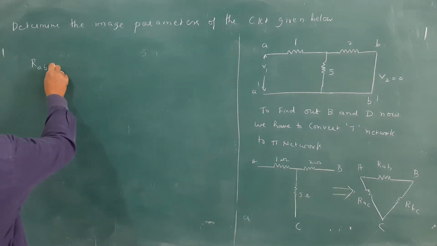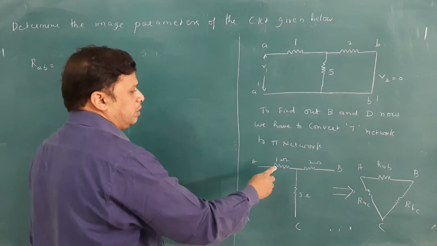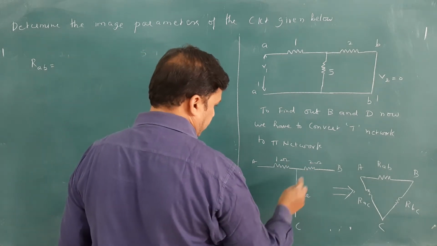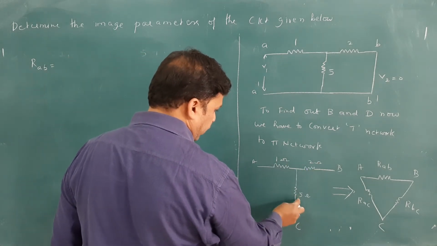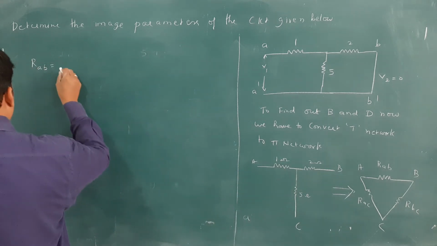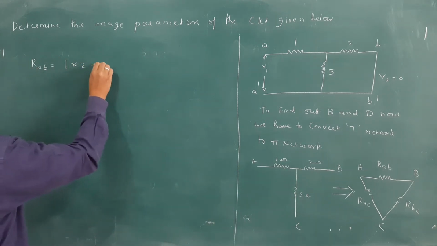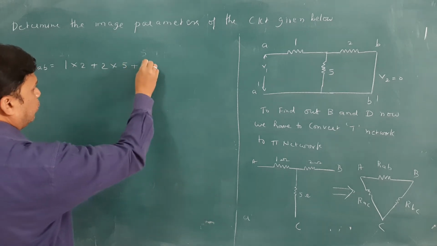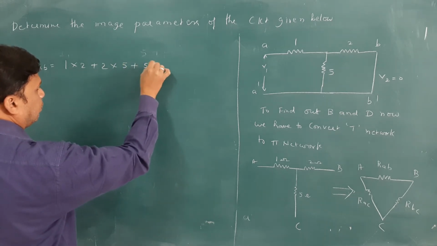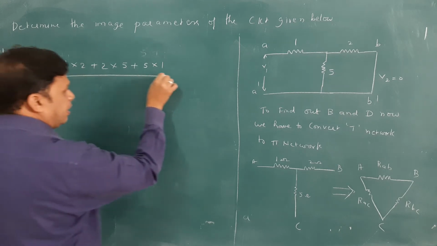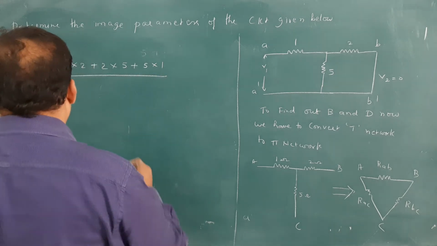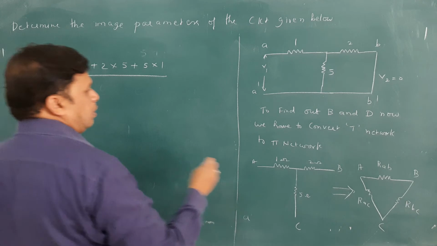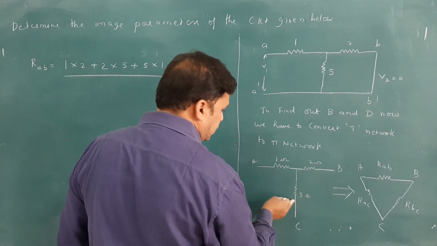RAB is equal to 1 into 2 plus 2 into 5 plus 5 into 1, divided by the opposite one, which is 5 ohms.